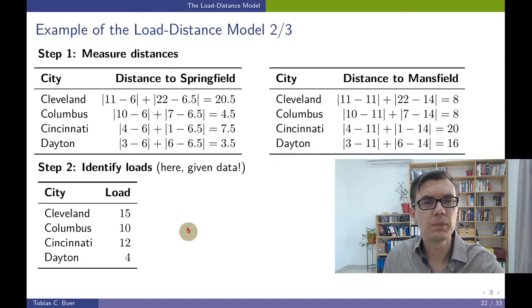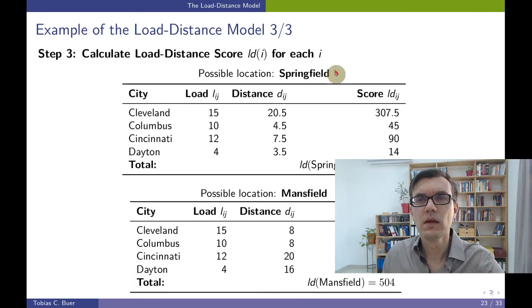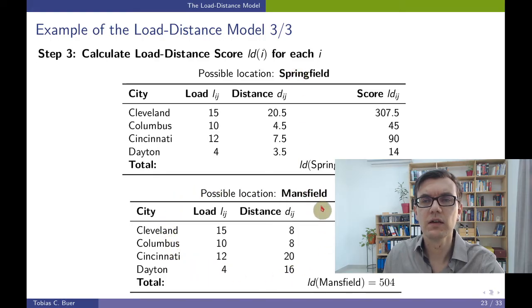The final step is now to calculate the load distance value, and we have to calculate this for Springfield and for Mansfield, so we do this exercise 2 times. In the upper table, we calculate the load distance score for Springfield, and in the lower table, we calculate it for Mansfield.